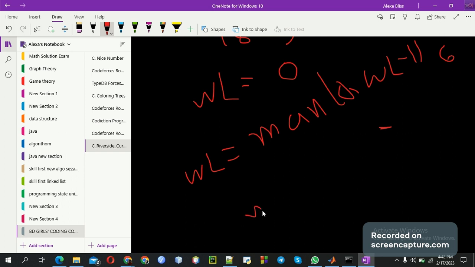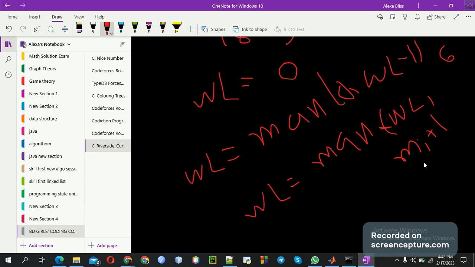So what do we have to count here? Next we have to find that we continue with the previous state. We will add the watermark, this is WL. And if we try to cover up the present state, what will be the situation? This will be mi plus 1. That is, mi water levels we have to cover, and plus we will add one water level here, mi plus one.